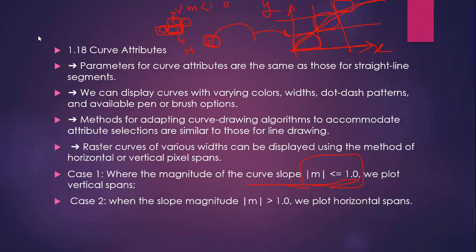This way, as the slope of the curve changes, you can draw a complete curve. Any curve can be drawn using these two cases. Let us see this with an example in the next program, in the next class.